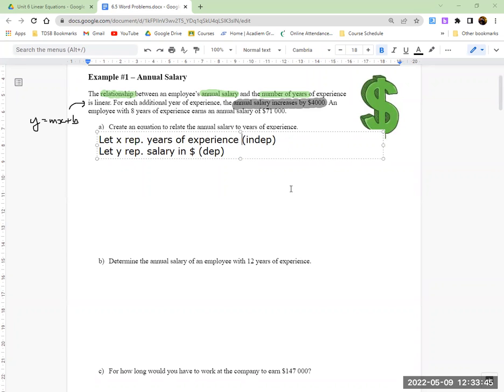Why do I feel it's important that you write the let statements? It will also tell you what the rate of change might be. Remember, if this is my X and that is my Y, my rate of change or my slope should be some kind of money per number of years.